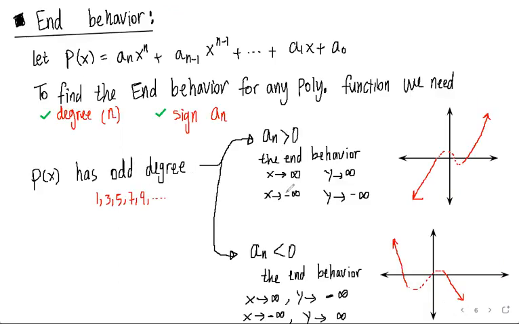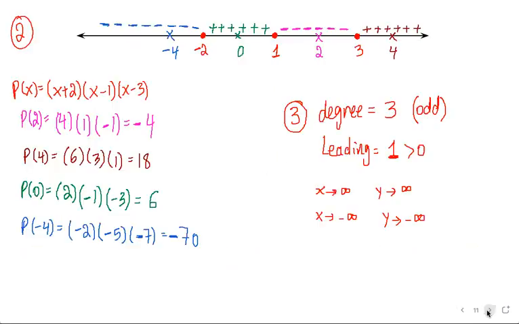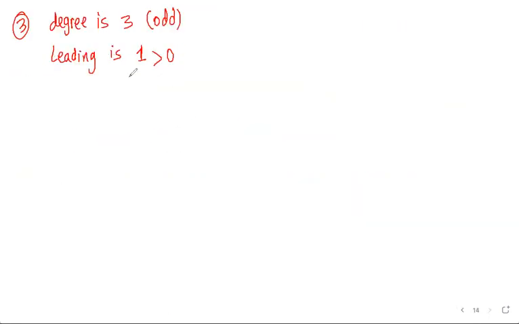Odd and positive: when x goes to infinity, y goes to infinity, and when x goes to minus infinity, y goes to minus infinity.